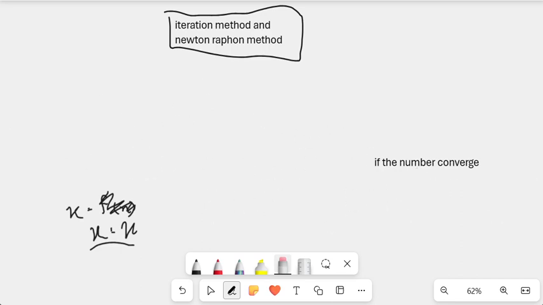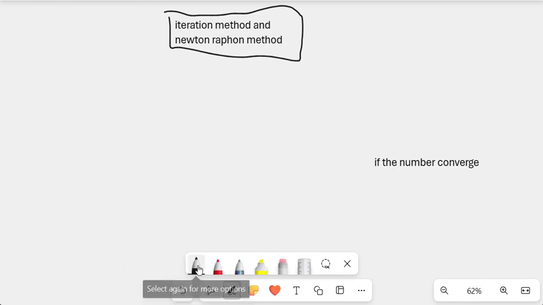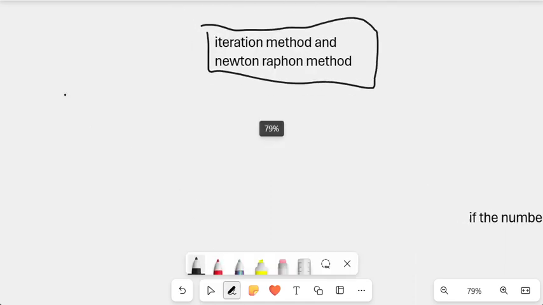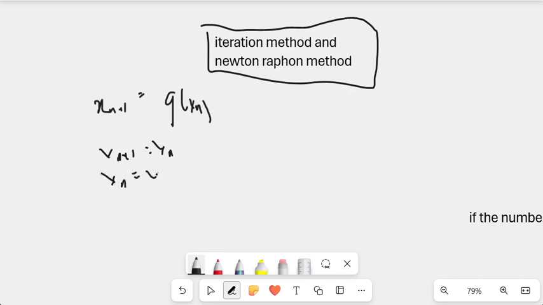It says that if the number converges, let's say x_(n+1) equals g(x_n), until x_(n+1) equals x_n, then x_n, which equals x_(n+1), equals the root. So this is what the iteration method wants to say.